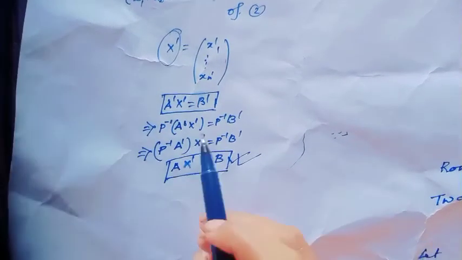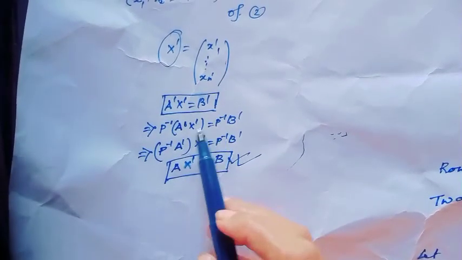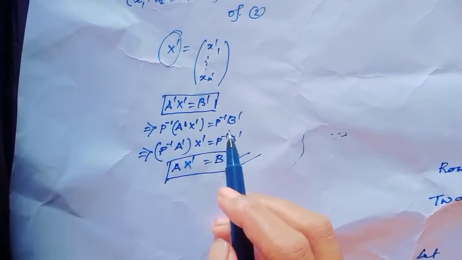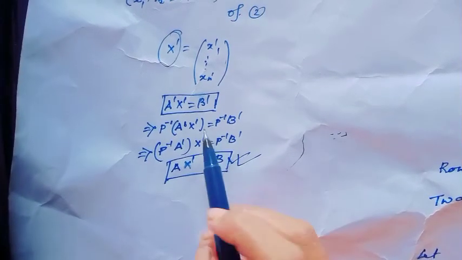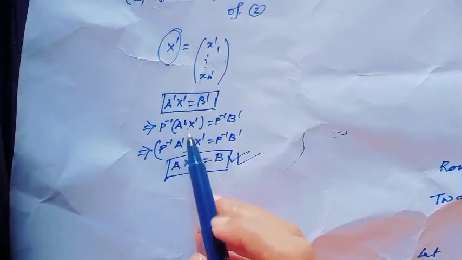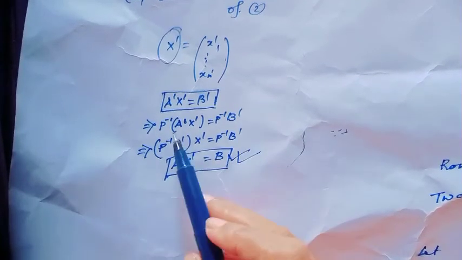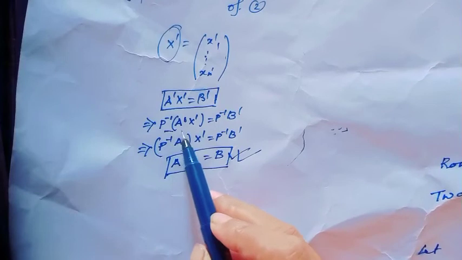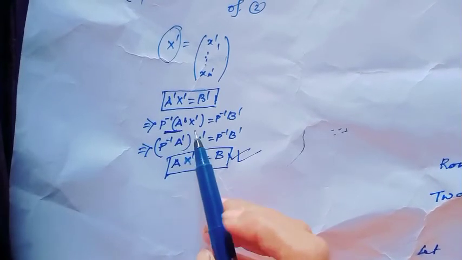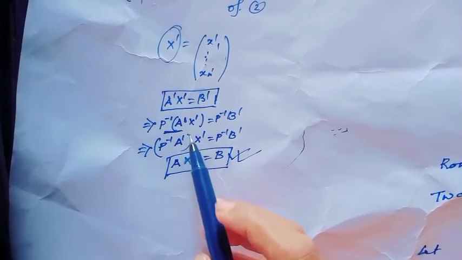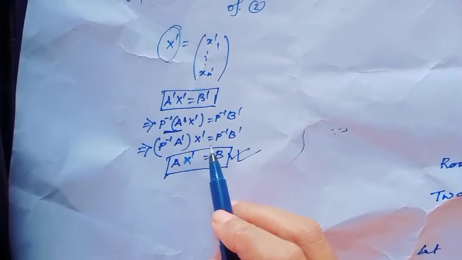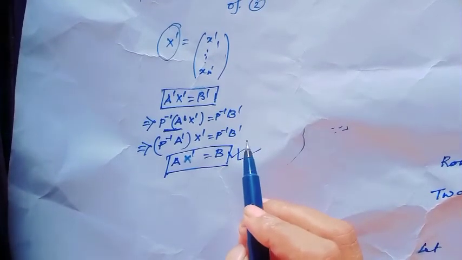Okay, now multiply this equation by P inverse on both sides, then this would be P inverse times A bar x bar equals P inverse b bar. Now by the associative property of matrices, this would be P inverse times A bar, times x bar, equals P inverse b bar.